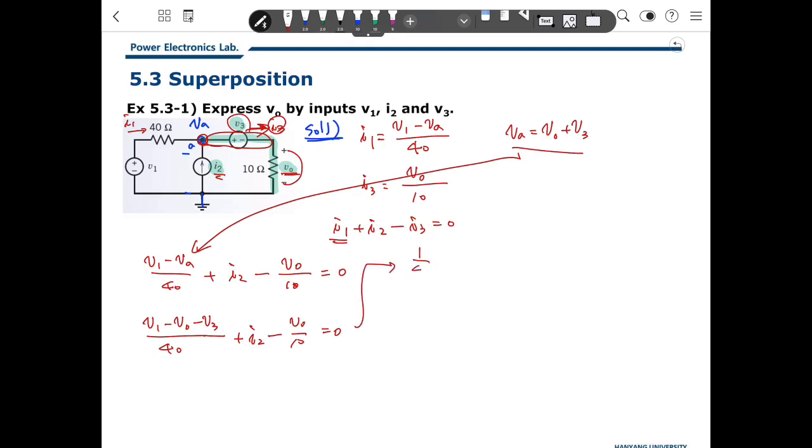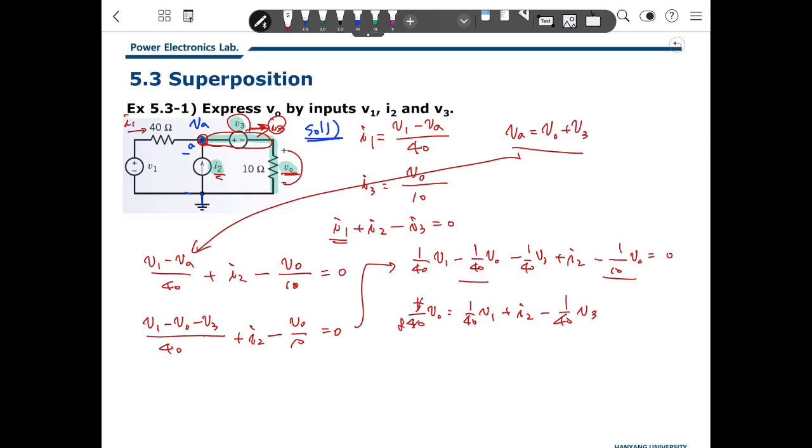So we simplify here: 1/40 (V1 minus VO minus V3) plus I2 minus 10 VO will be 0. From here, 5/4 VO will be 1/40 V1 plus I2 minus 1/40 V3.